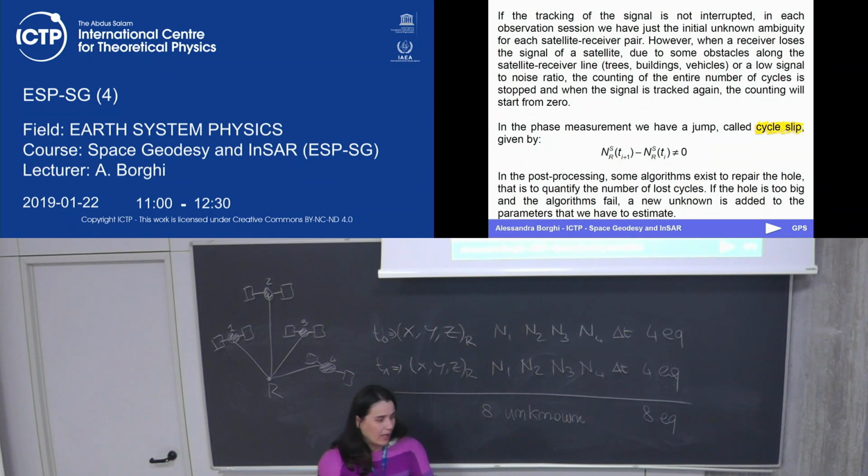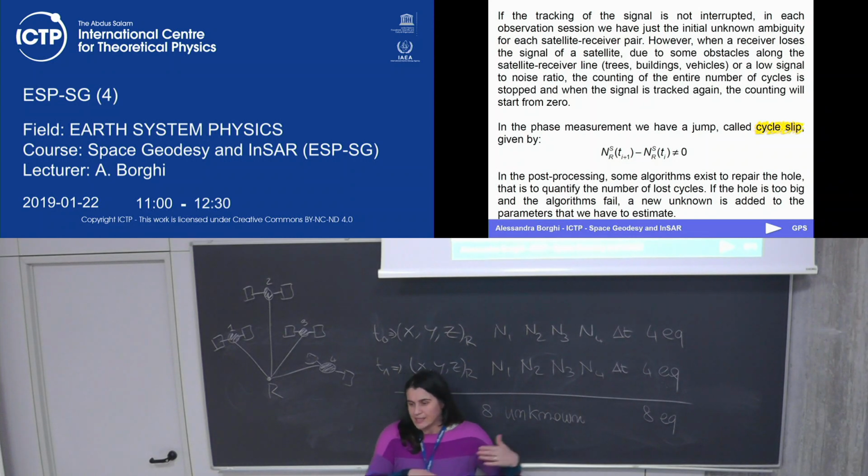So we have what we call a cycle slip, and if there is a small stop in the tracking of the satellite, I can repair this cycle slip with statistical techniques. The software that processes GPS data can deal with this interruption in the signal.